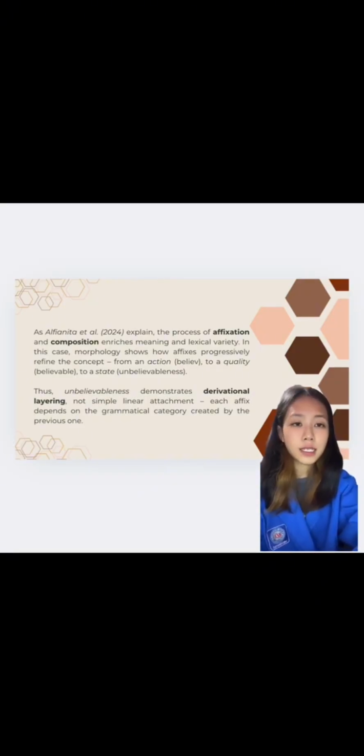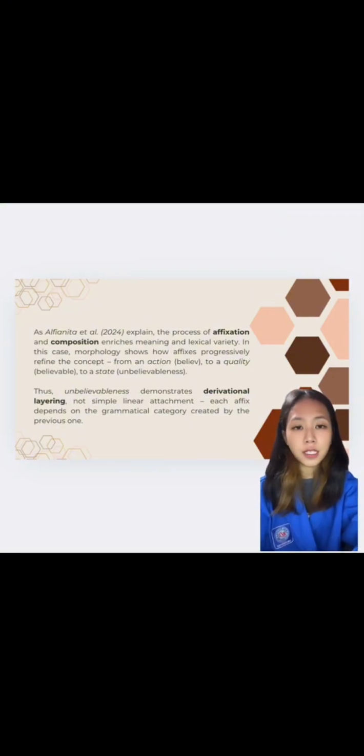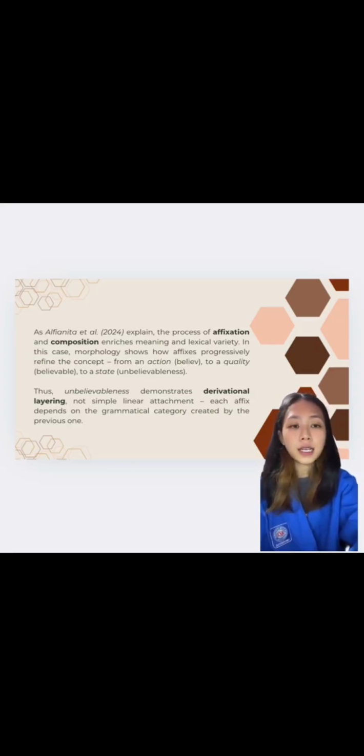In this case, morphology shows how affixes progressively refine the concept from an action, believe, to a quality, believable, to a state, unbelievableness. Thus, unbelievableness demonstrates derivational layering, not simple linear attachment. Each affix depends on the grammatical category created by the previous one.